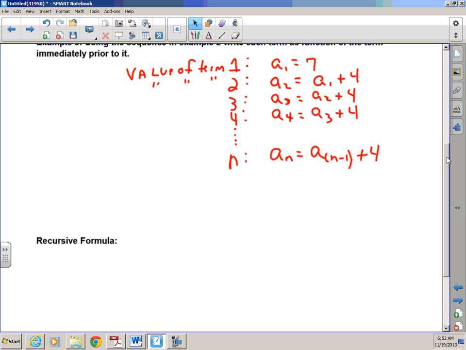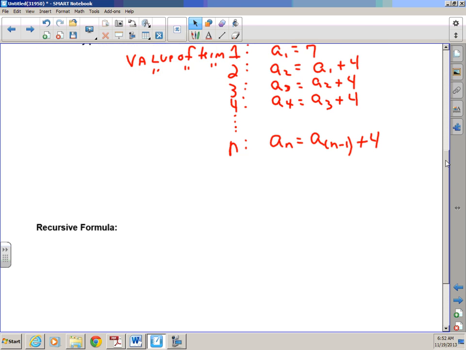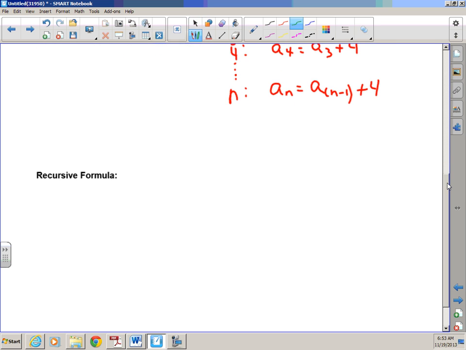What we've just come up with is what's called a recursive formula. Okay? And what is a recursive formula?